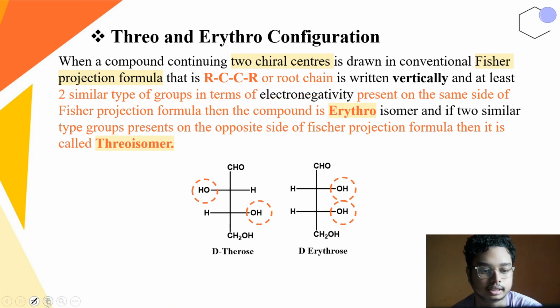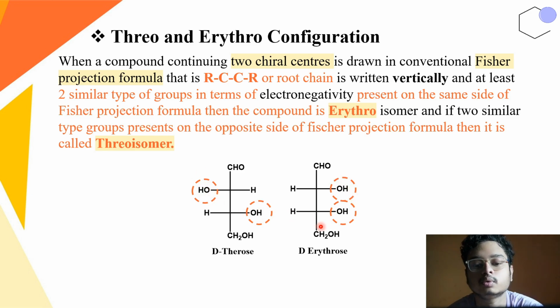First erase all those things. Now here, first the root chain is similar to the DL nomenclature. The root chain is considered where the most oxidized group is present at the highest top of the vertical bond. This is the root chain. Now here between these two particular groups, this OH and OH group are similar, or here it is the same, but if the NH2 group was there instead of OH, then we can say that these two groups OH and NH2 are similar in terms of electronegativity.